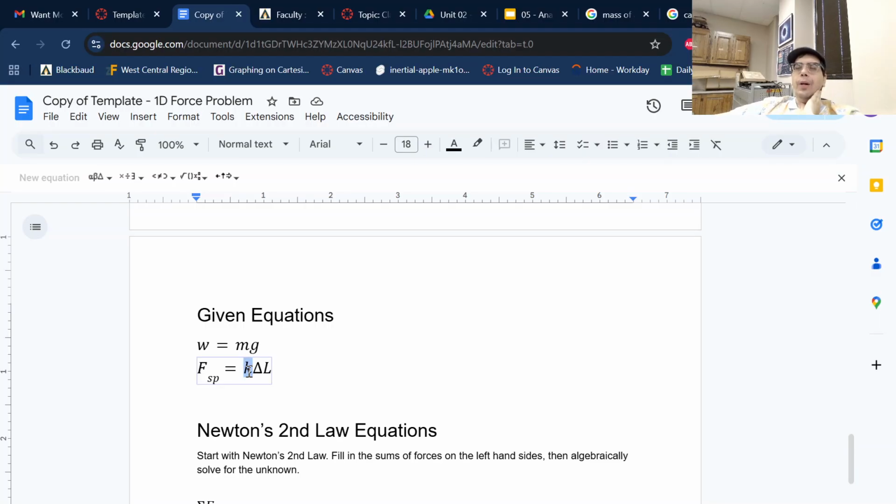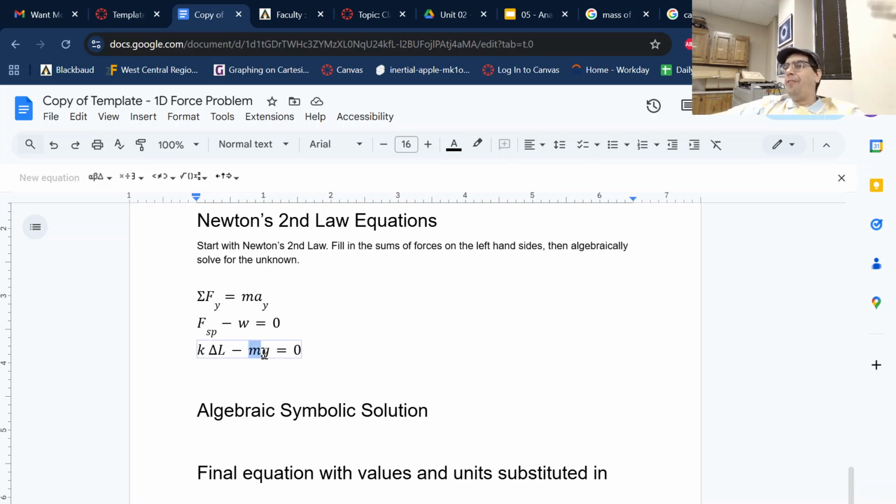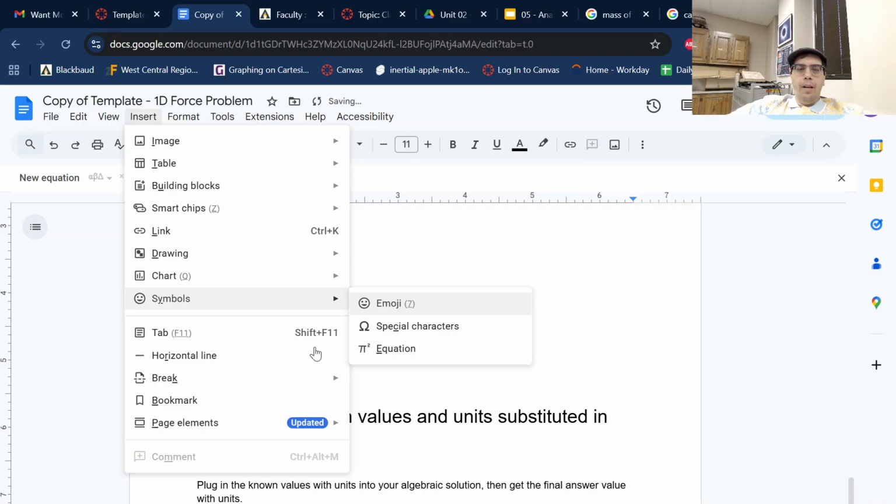It tells you how many newtons the spring will pull for every centimeter you stretch. In this case, we haven't figured out all the numbers yet, but we basically know the amount of force and the amount of stretch. So we're just trying to get that constant out of it. So how will I solve for k?